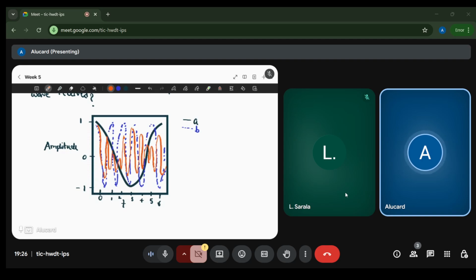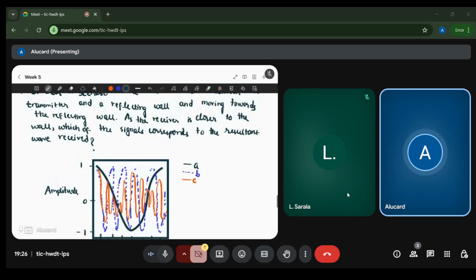Anyway, you can check the assignment for the exact diagram. This is just a rough sketch I've drawn. This is curve C.